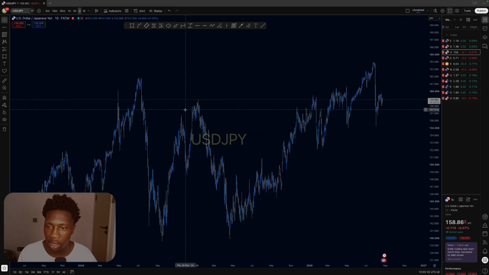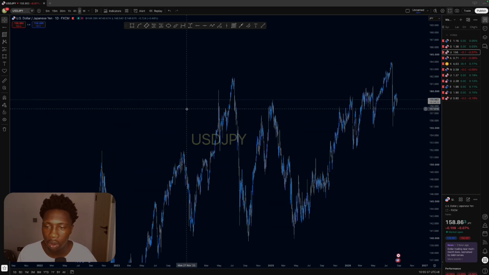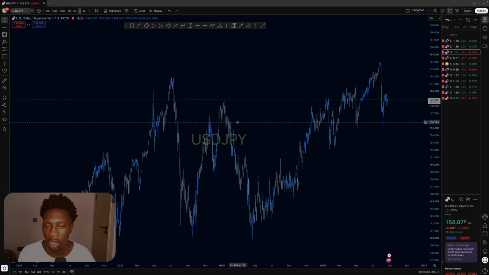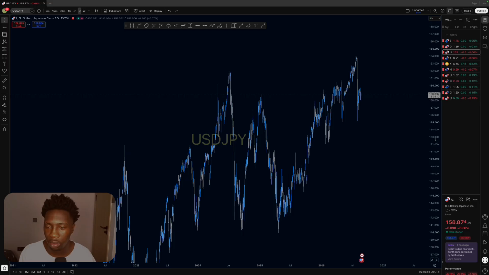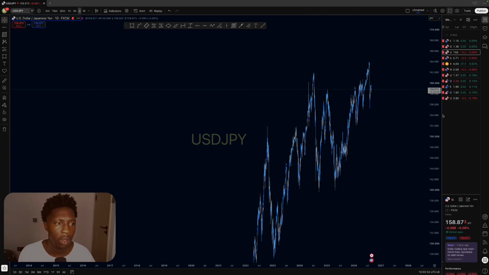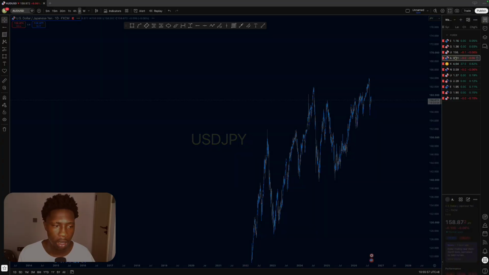But if I see the analysis is good, I'll try my best to catch and trade it. But right now, I can't say we have an analysis on JPY that we can profit on. Let's go to AUDUSD.